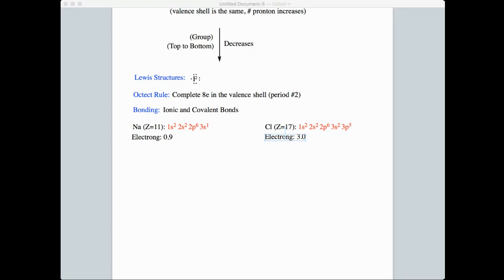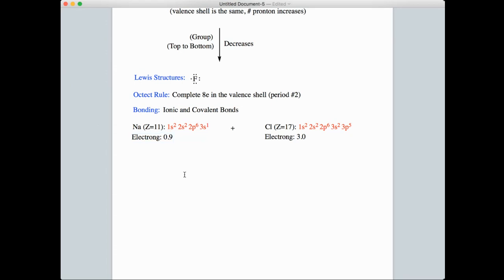So when we bring together an atom of sodium and one of chlorine, the first thing we want to do is look at the difference in electronegativity between these two.